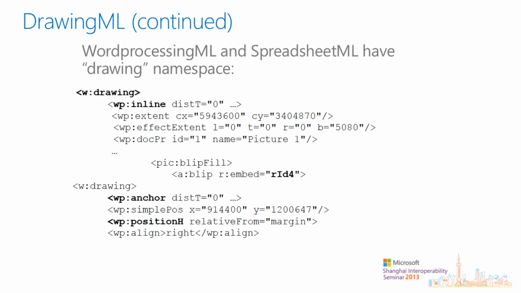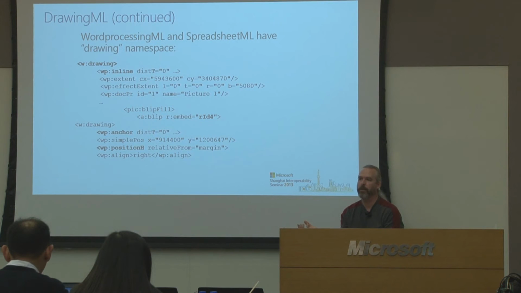And so they have their own drawing namespace specified within the DrawingML reference. For Word, that's the wp:drawing namespace, and for Excel, that's the xdr. So if you're looking at a SpreadsheetML or a WordprocessingML and you're trying to figure out where they're doing their drawing, sometimes it can be a little bit confusing how they specify shapes. Go and look at the DrawingML and you'll see two separate sections for WordprocessingML and SpreadsheetML.